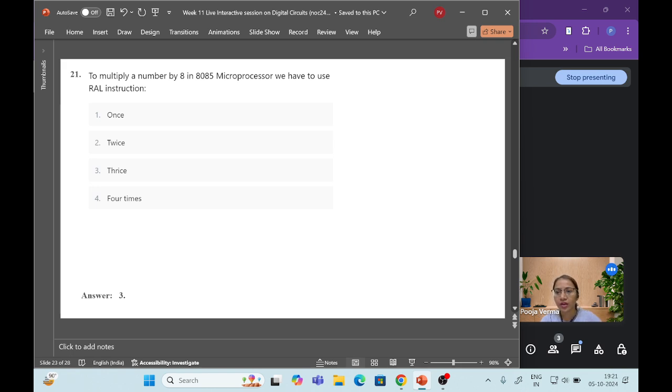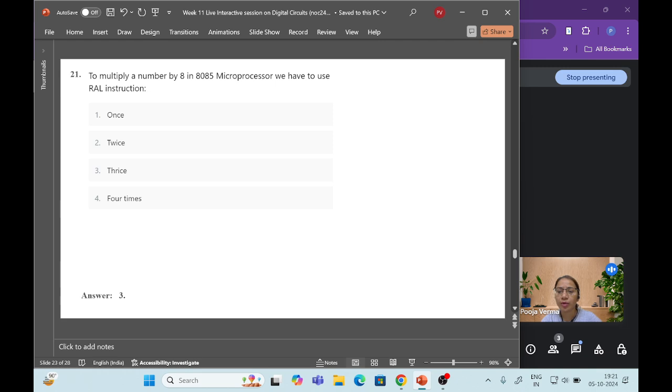The next question: to multiply a number by 8 in the 8085 microprocessor, we have to use the RAL instruction. How many times do we need to use the RAL instruction? Option 1 is once, option 2 is twice, option 3 is thrice, option 4 is 4 times.